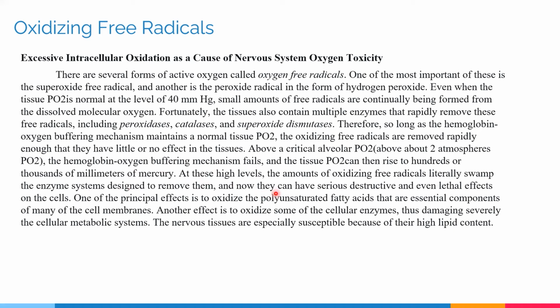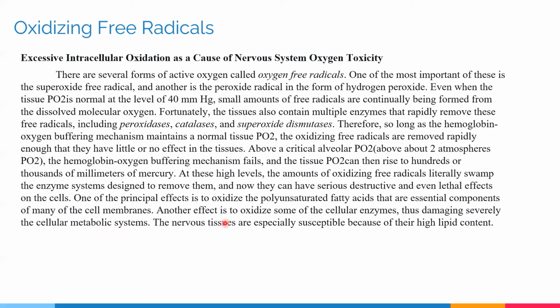At these high levels, the amounts of oxidizing free radicals literally swamp the enzyme systems designed to remove them, and now they can have serious destructive and even lethal effects on the cells. One of the principal effects is to oxidize the polyunsaturated fatty acids that are essential components of many of the cell membranes.